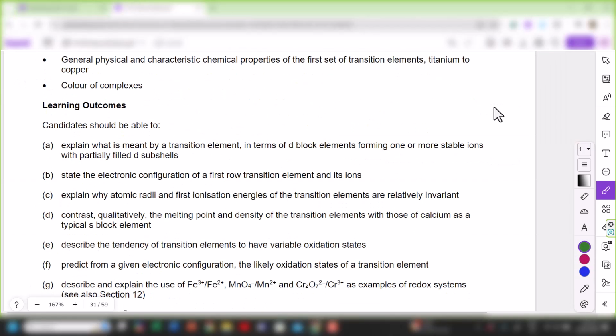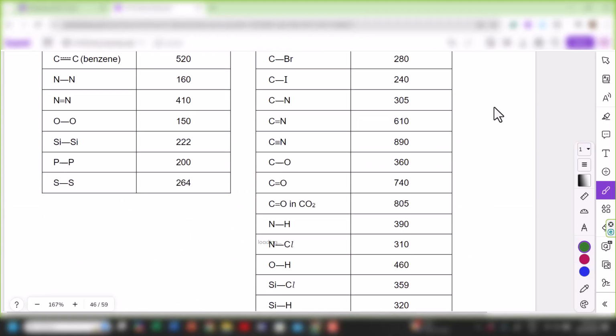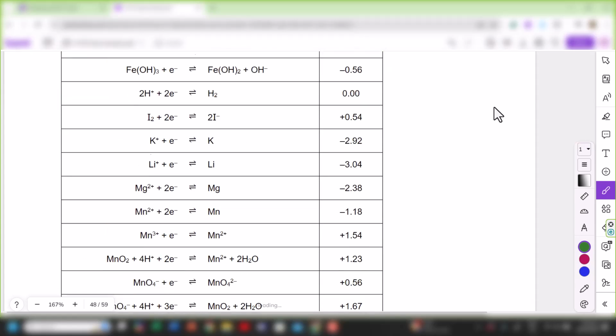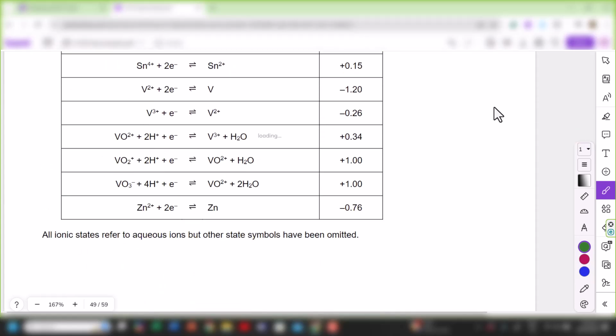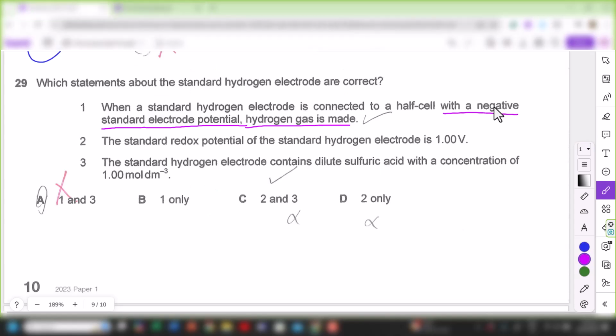You have a data booklet, so you can check. For Zn2+/Zn it's negative 0.76 volts. So zinc will displace H plus to give hydrogen gas, because zinc is more reducing than H plus. Yeah, so this is true.